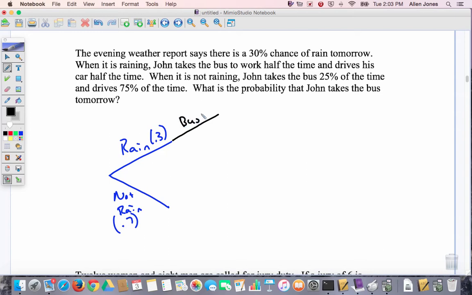Now off of that, if it rains tomorrow, John takes the bus to work half the time. So bus, he takes 50% of the time, which means he drives the other 50% of the time. If it's not raining, John takes the bus 25% of the time, and he drives then 75% of the time.